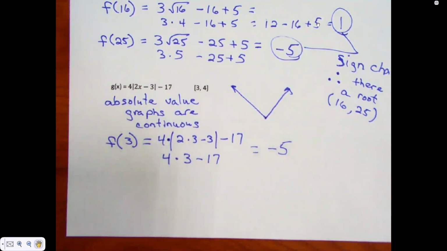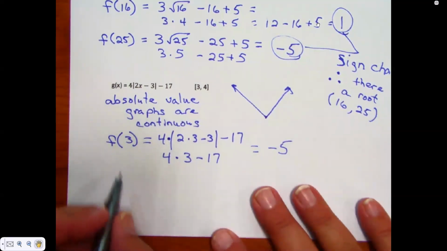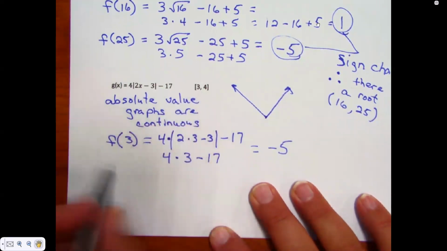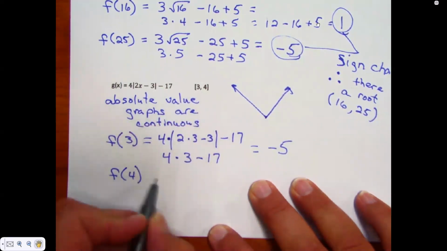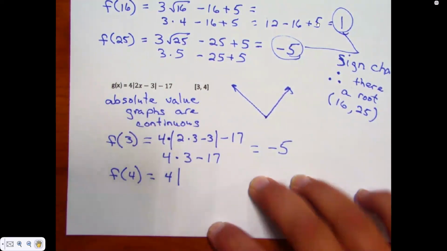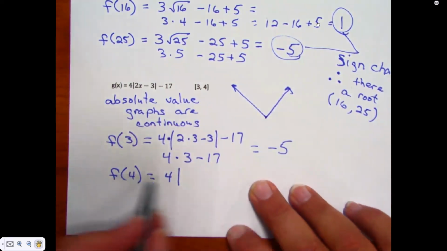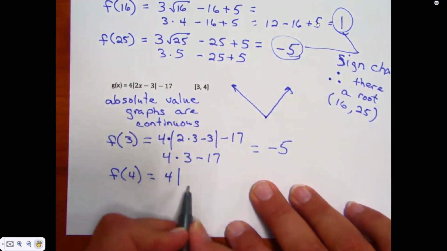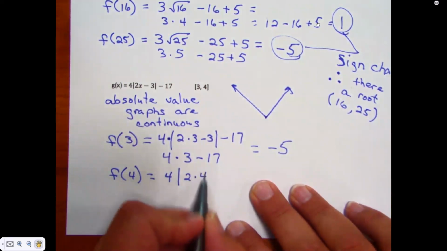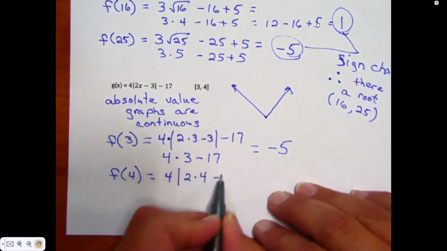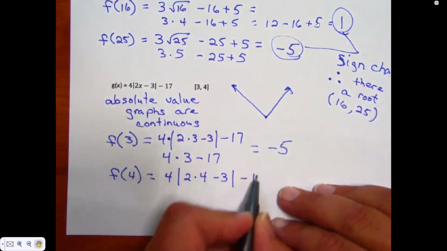So if I'm going to prove there's a root, what am I hoping for when I plug in 4? It better be positive. If not, then I just tell someone, hey, it's not a root, or there is no root between here. All right, so f of 4. Let's see, what are we doing? 2 times 4 minus 3, and then minus 17.